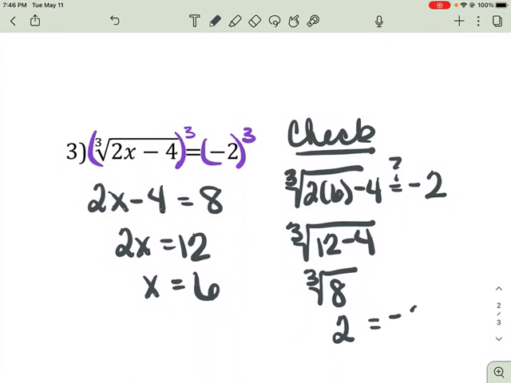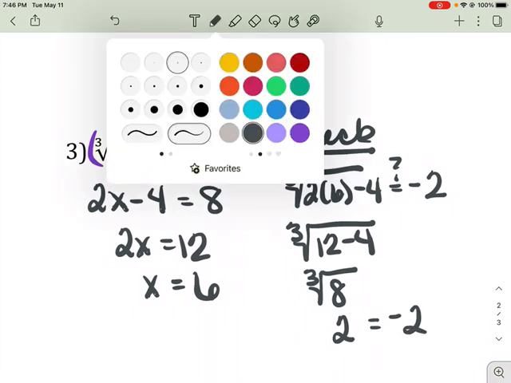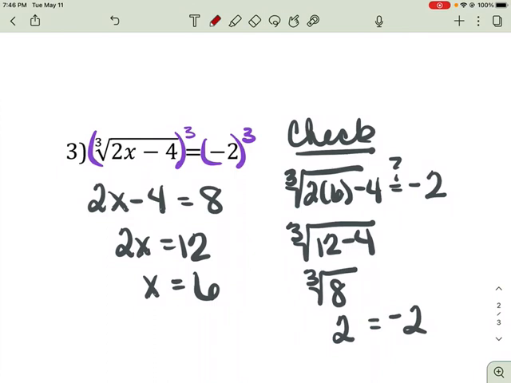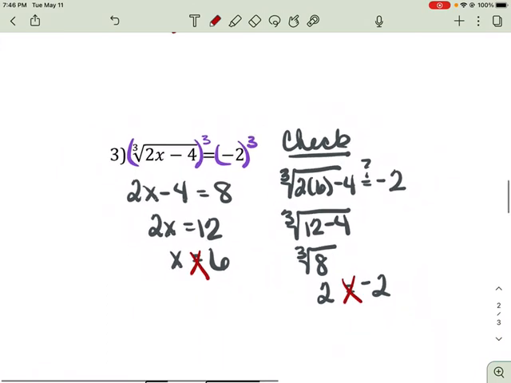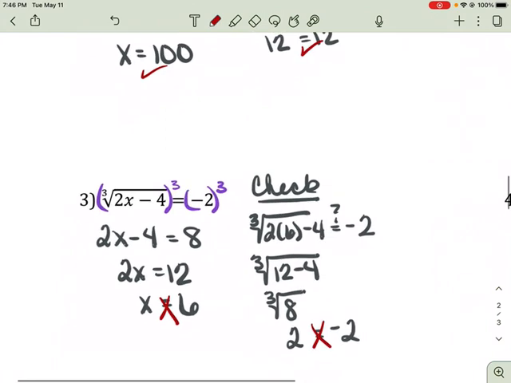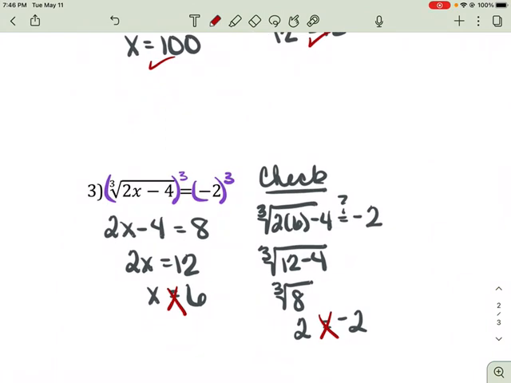Well, that's not the same as negative 2. So that means our answer of 6 is not correct, which means 6 would be an extraneous solution, and we would write our answer that there is no solution.